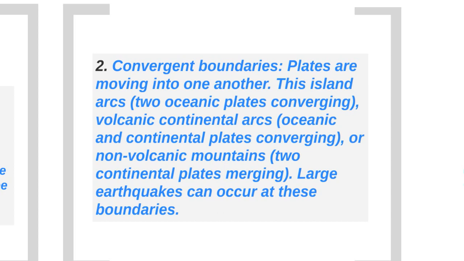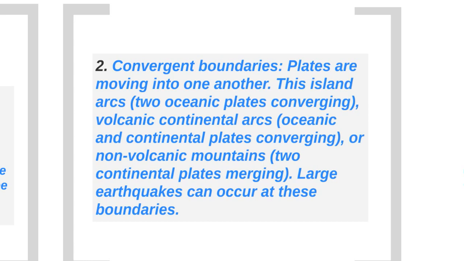Or we can have a situation like the Himalayan mountains, where two non-volcanic slabs are coming together and merging. Large earthquakes can happen at any one of these boundaries. They can also have small earthquakes, but they do have the potential to have very large earthquakes.